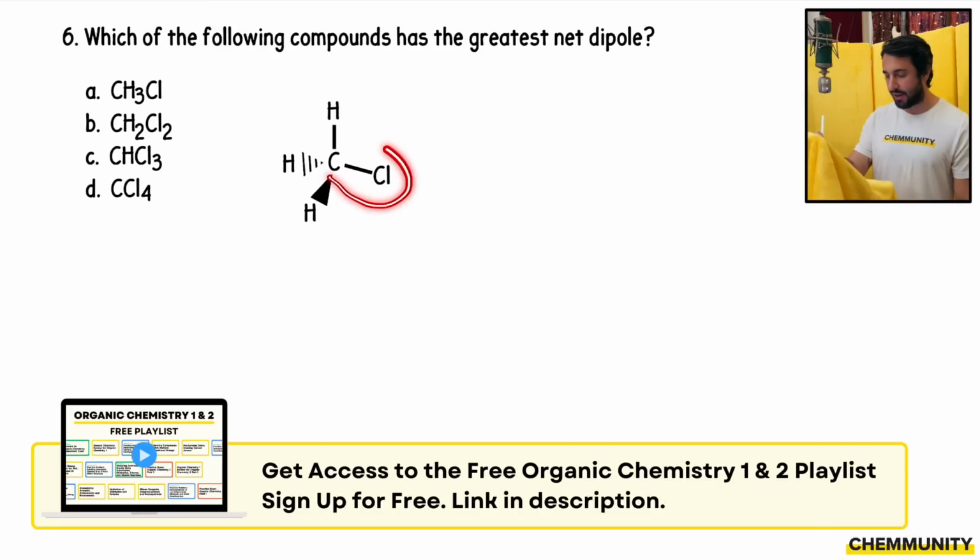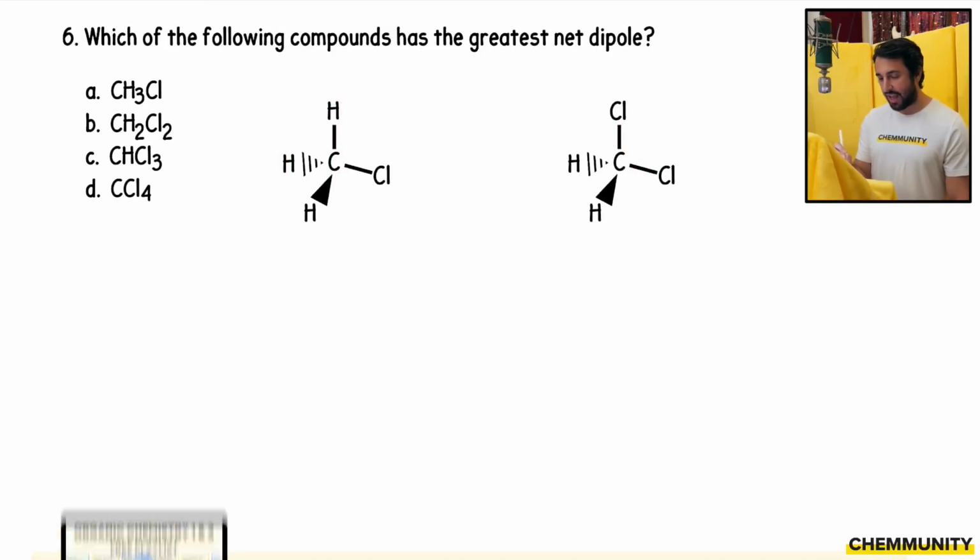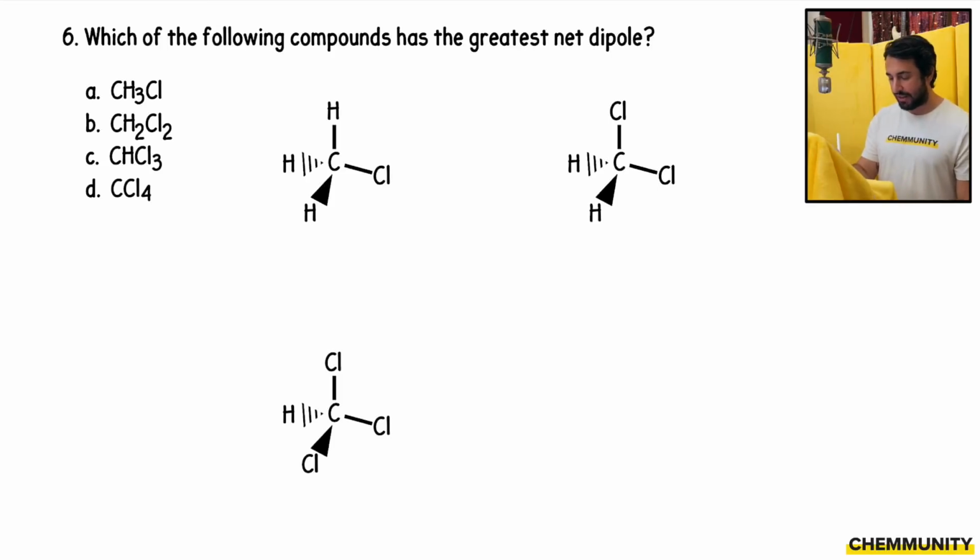Let's put the Cl there, and then we have our hydrogens. Now we have CH2Cl2. Let's keep all those chlorines in plane and put the hydrogens there. Then we have CHCl3. So again, the central carbon. Now we have 3 chlorines. That remains a hydrogen, and then CCl4. So now we've got all chlorines.